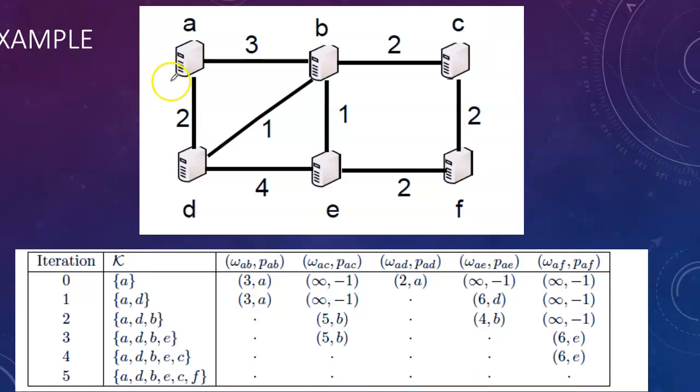In this example, we're again computing the routes at A. So we start the initialization with kappa being equal to A, and the two neighbors of A, B and D, have finite costs set.